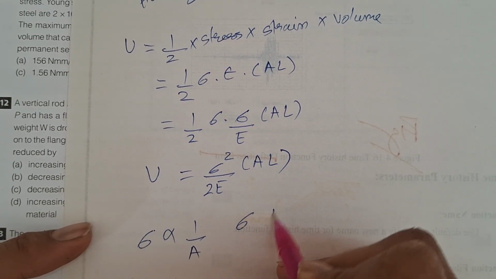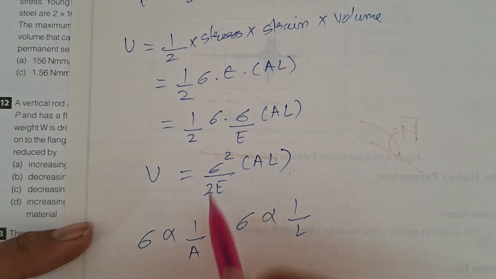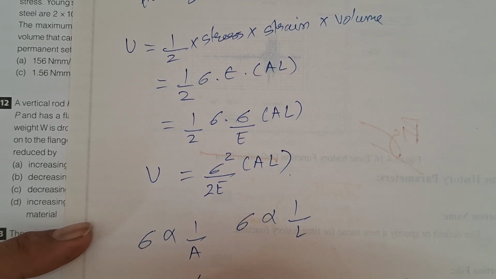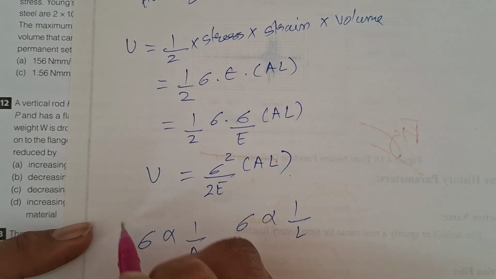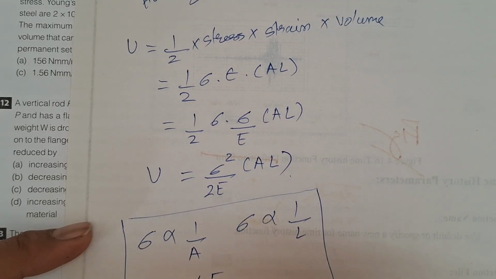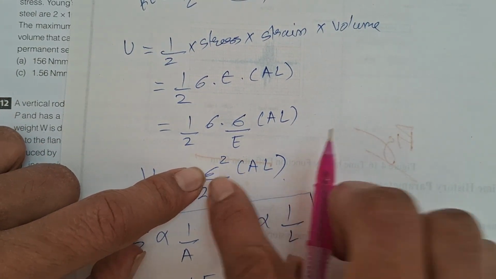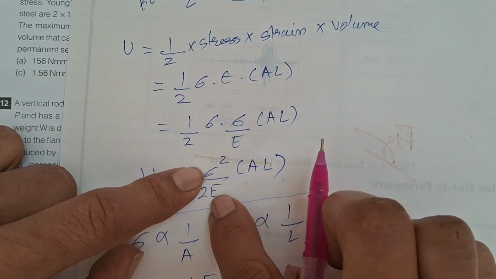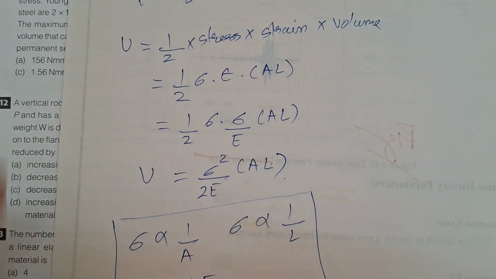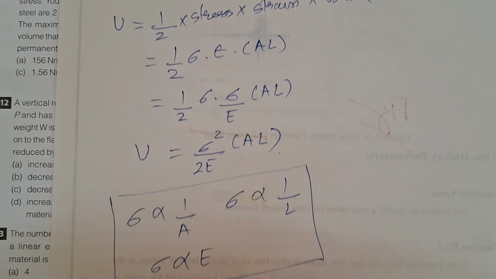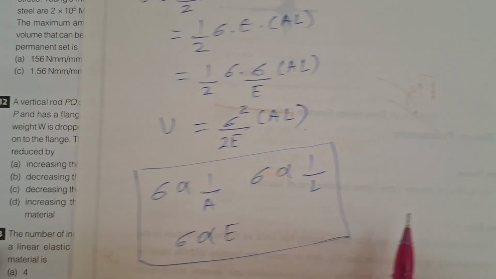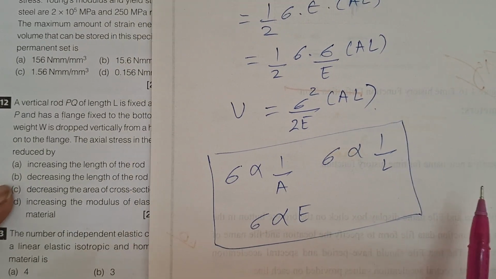Stress is again inversely proportional to L, but stress is directly proportional to E. These three things we know from this equation. So now we just have to see the options.